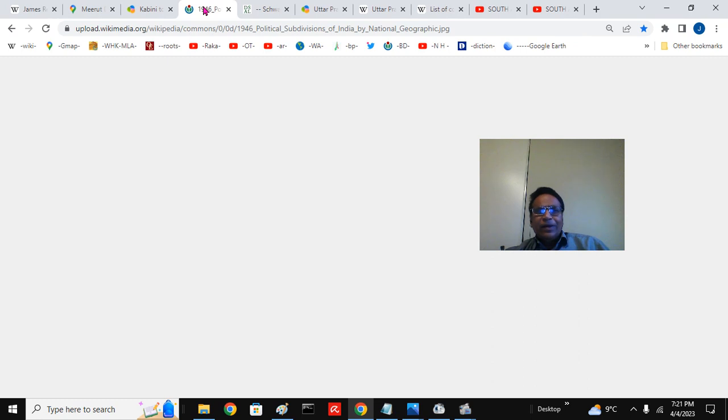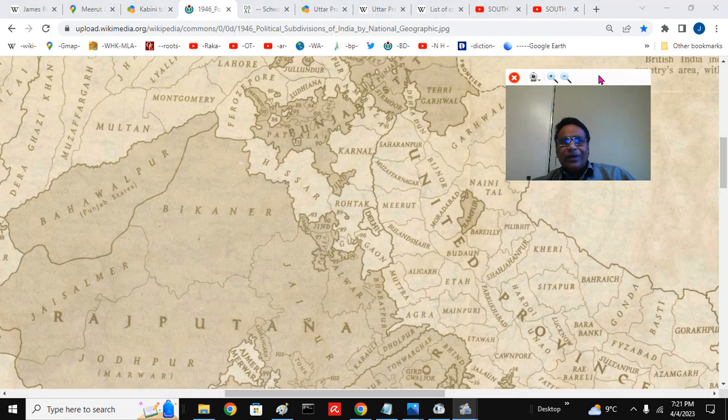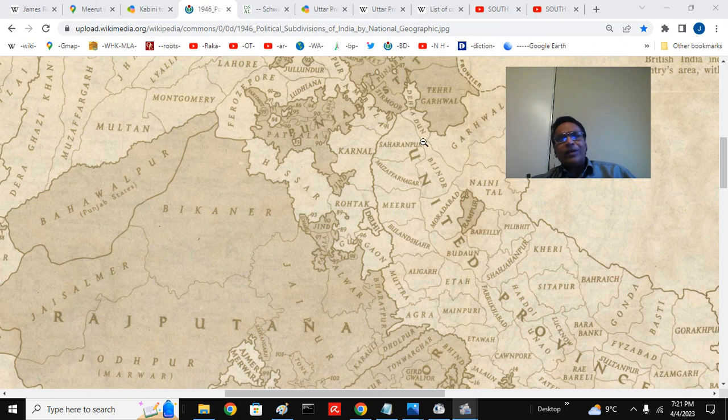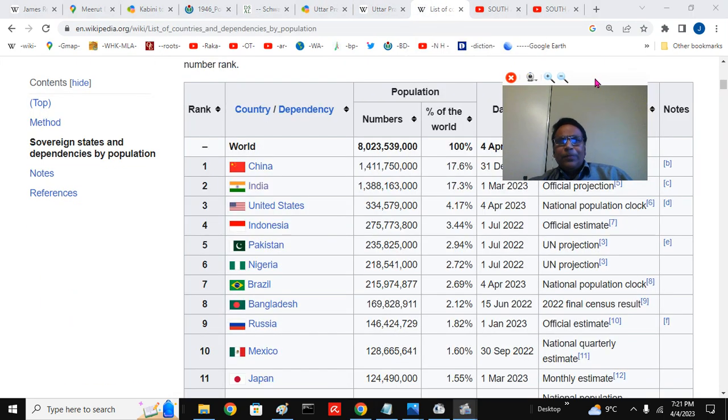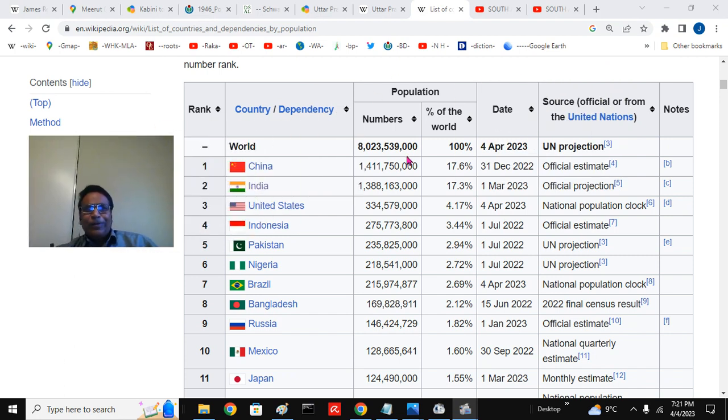So this is again the historical British United Provinces. You can see the old districts Dehradun and Saharanpur and Muzaffarnagar, Meerut and Bulandshahr and so on. Why this is very important: if you take the global population of 2023, the world has more than 8,000 million. Every day we add 250,000. China has about 1,500, India about 1,400, United States 333 or so, Indonesia 275.